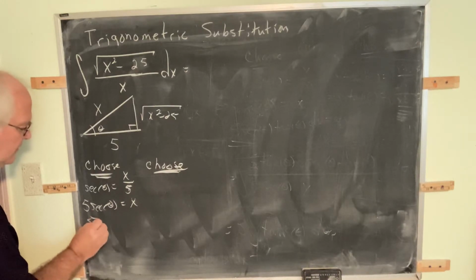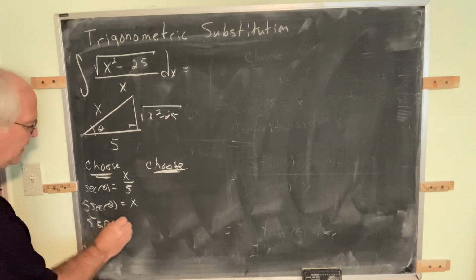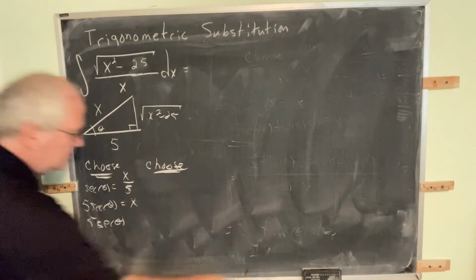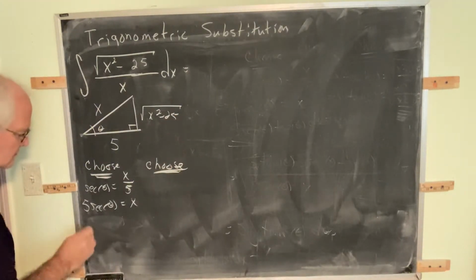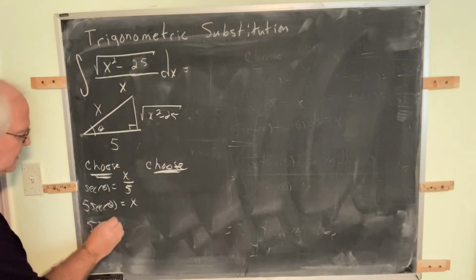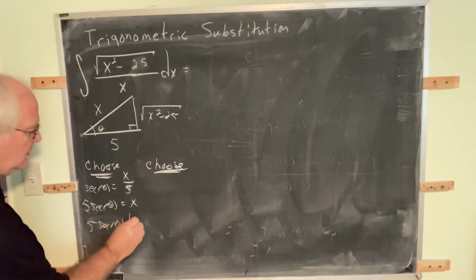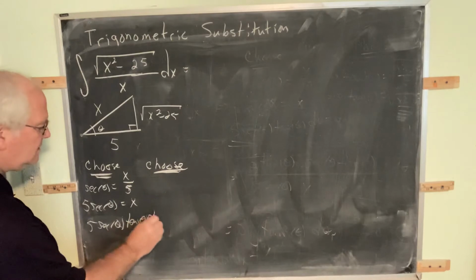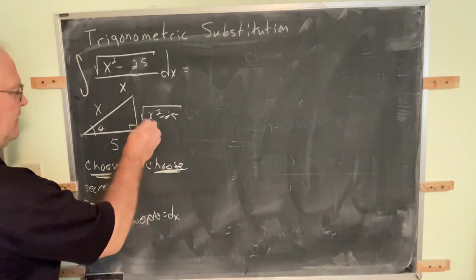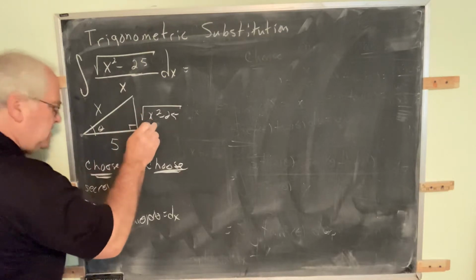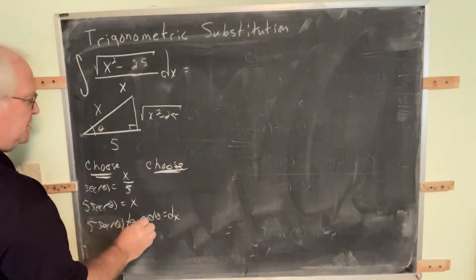The derivative, that's 5 secant theta tangent theta d theta is equal to dx. So that part's correct. And then choose the function that does involve the radical, no variables in denominator.